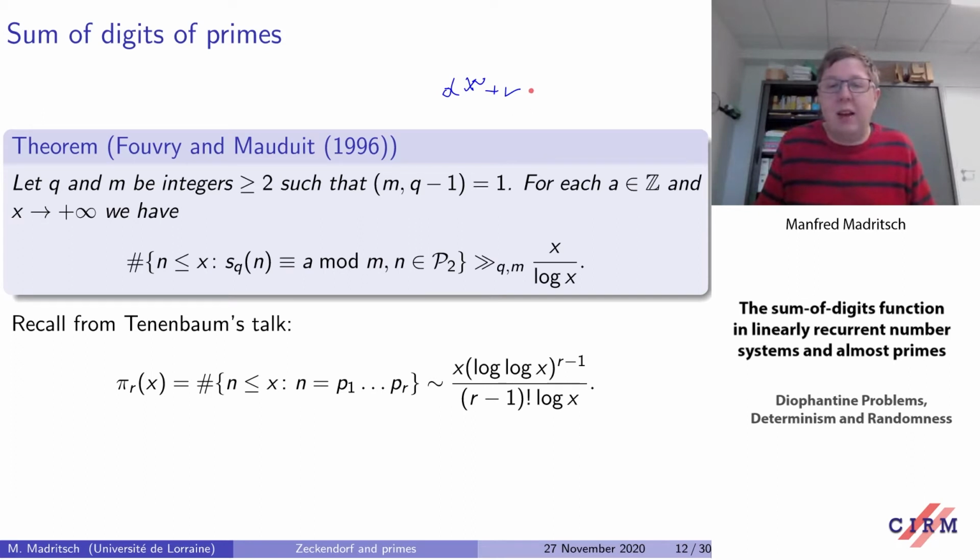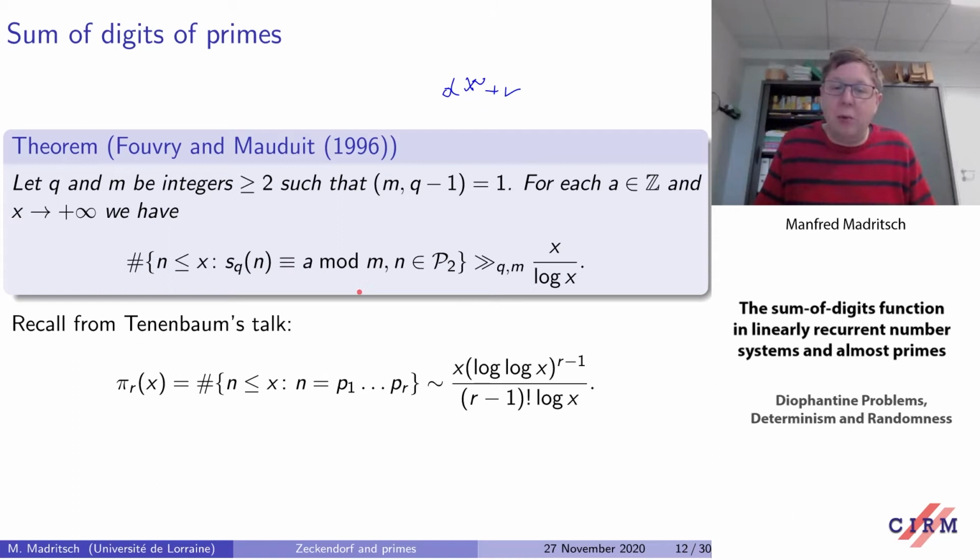The question is, can you do this for polynomials of higher degree or for prime numbers? The first step was in the direction of almost primes. An almost prime is a number that is either a prime or a product of at most 2 primes, so in this case, with 2.